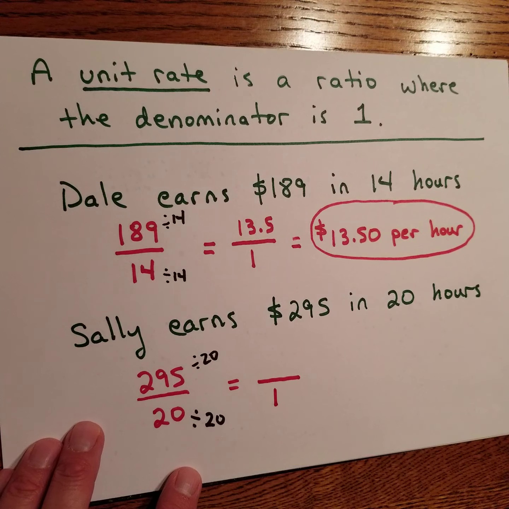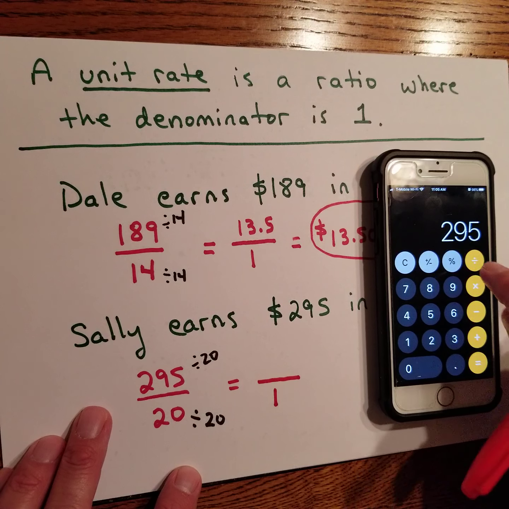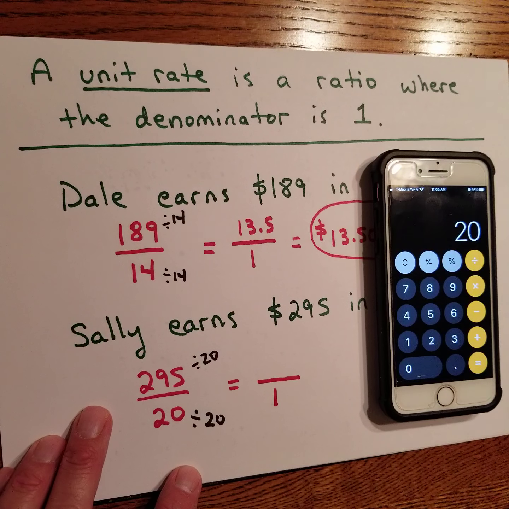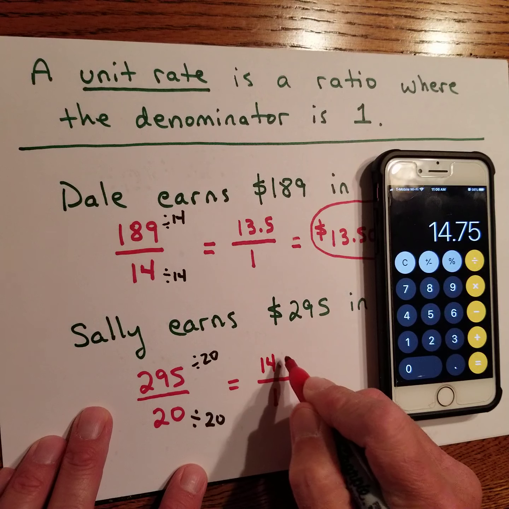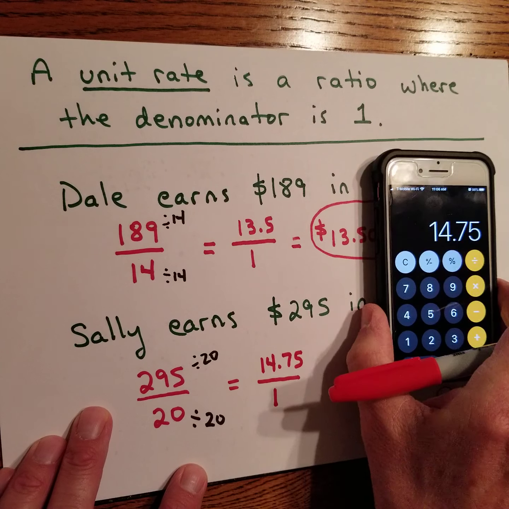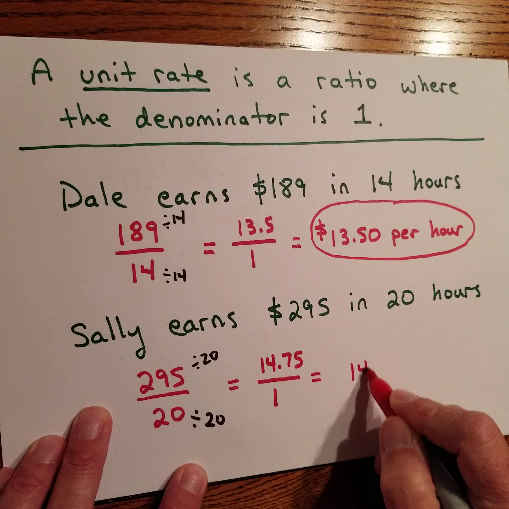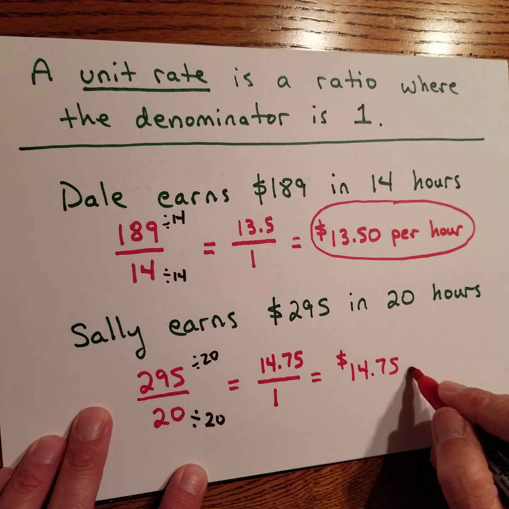That's what I wanted. In the top, 295 divided by 20 is 14.75. Let's rewrite that as $14.75 per hour.